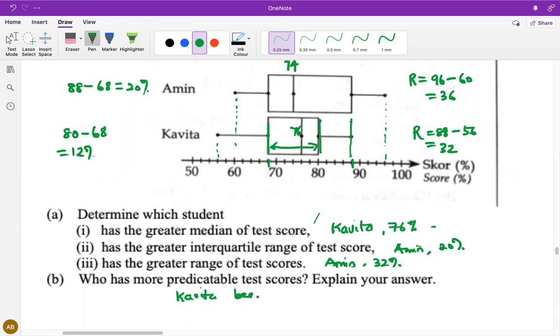Okay, because of smaller range, right? And also interquartile range. Okay, so you can see here 50%, 25%, very easy to predict. So because of the smaller range and smaller interquartile range.